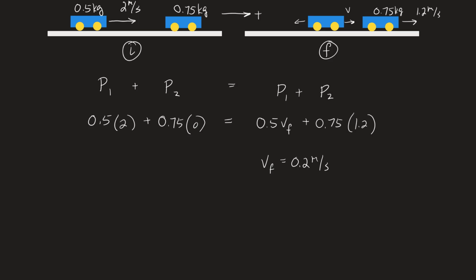It's right here. Right? All you would ask yourself is, how much kinetic energy did I have before? Right? That's the kinetic energy before. And compare it to the amount of kinetic energy you have after.